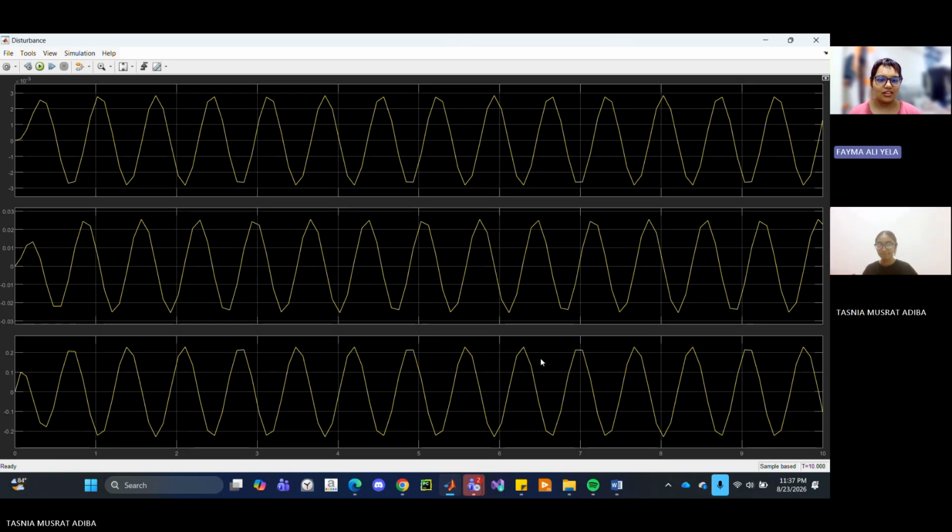So why do you think the responses are more oscillatory when you add in the disturbance? When we are adding the extra energy using the step input, that is the disturbance, right?